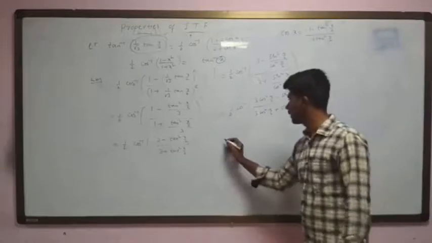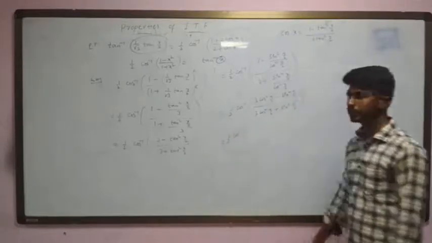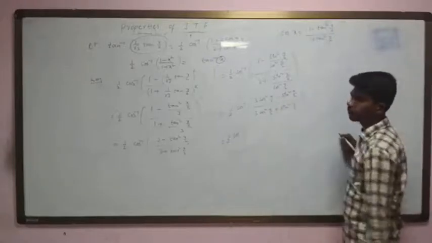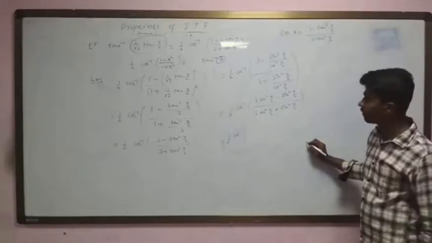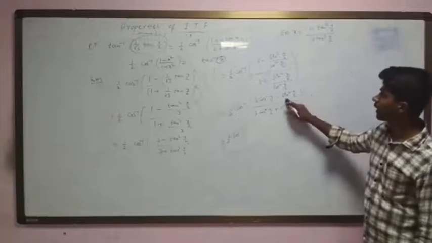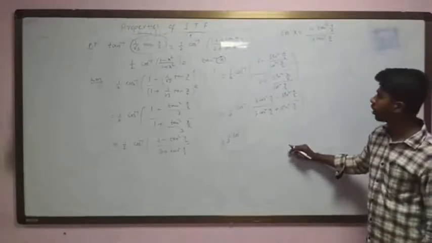Still I have to simplify. 1 by 2 cos inverse of 3 cos square x by 2 minus sine square x by 2. How can I simplify? I have to eliminate this sine square x by 2. I can write sine square x by 2 as 1 minus cos square x by 2.